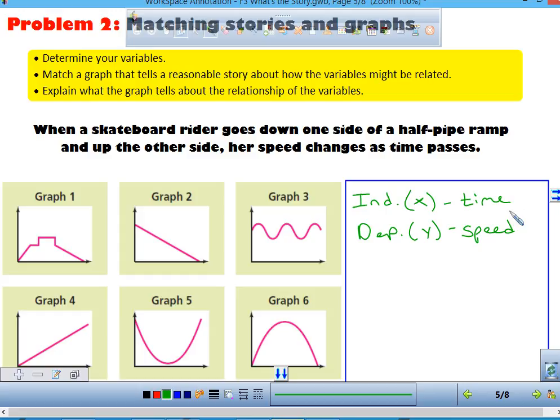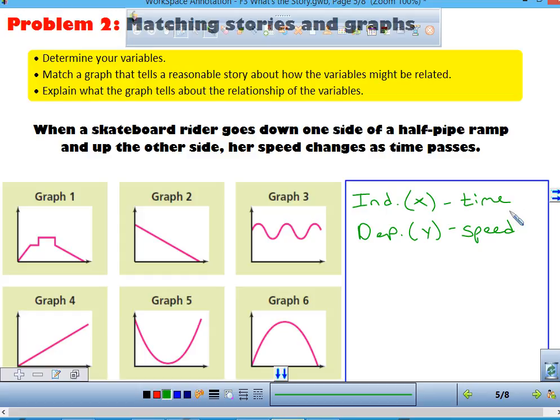You have to be able to determine which is an independent variable and a dependent variable in any situation. Which one is changing because the other one is causing it to change. Now we choose the graph that we think best fits. When the skateboarder starts, how fast are they going? Zero.